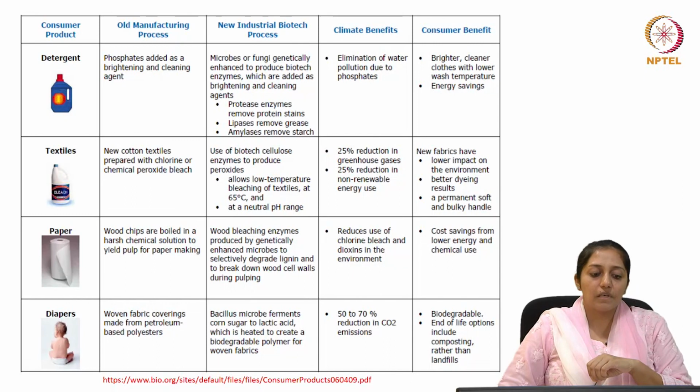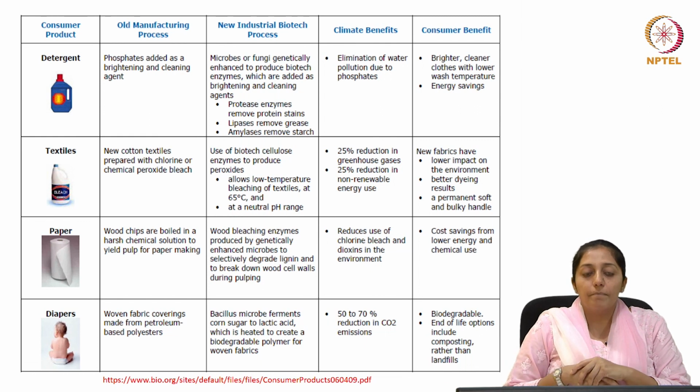Some more examples, like for example your detergent, textile or papers, where bleaching agents are used like hydrogen peroxide and chlorine, which can cause harm to the environment when released. Or sometimes in the pulp industry, acid is used, harsh chemicals are used.